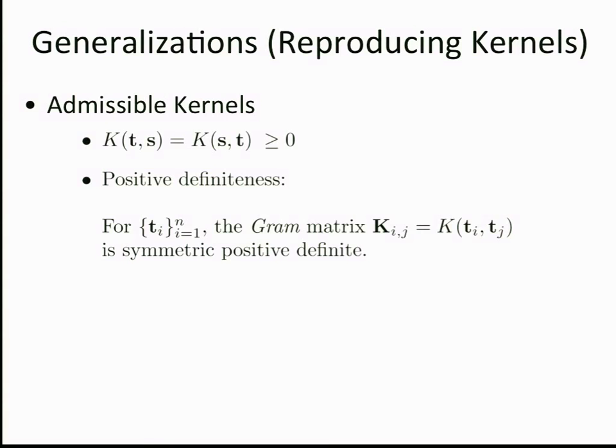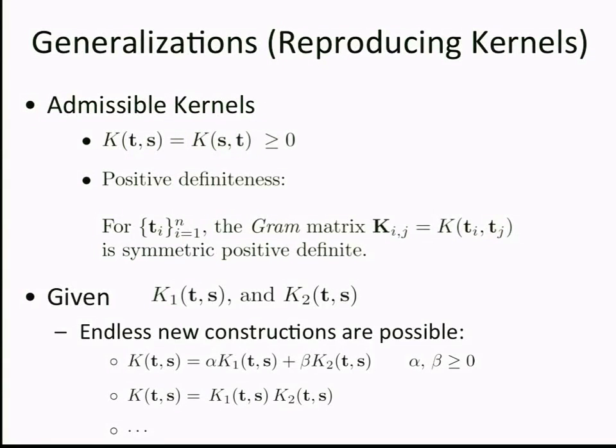As long as they're symmetric, non-negative valued, and if you construct a matrix from this function, like a Gram matrix, which are just values of this function evaluated at t_i and t_j, if this matrix is symmetric and positive definite, you're in business. So you can design your own. And in fact, once you've designed a couple, you can then combine them in all sorts of ways.